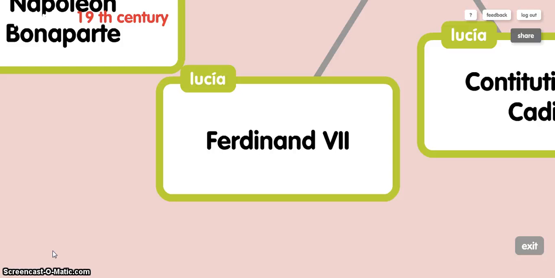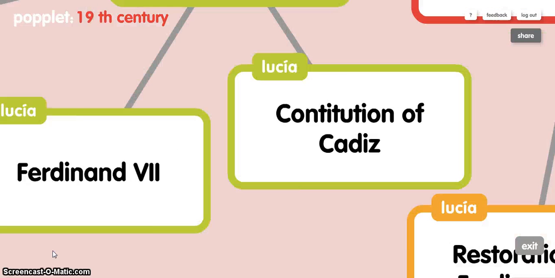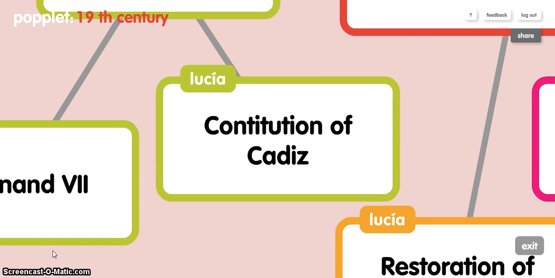Napoleon's brother Joseph Bonaparte became king. Opposition to this reign led to the Spanish War of Independence. During this war, the Spanish Parliament, the Cortes, took refuge in Cadiz. In 1812, its members wrote Spain's first modern constitution, the Constitution of Cadiz.